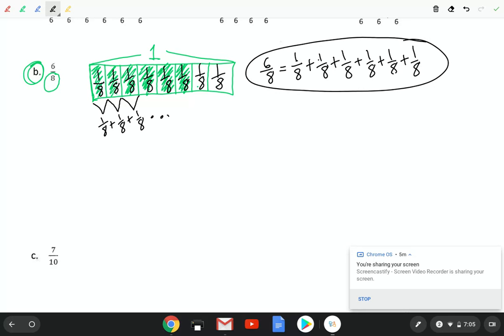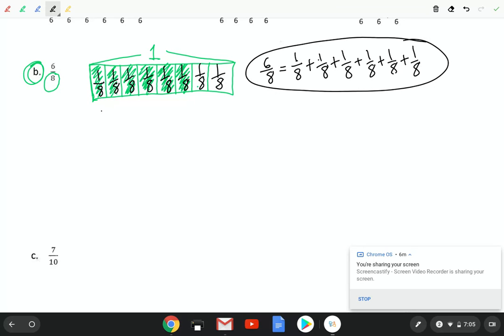Okay, so let me see if I can erase this right here, because now I can use the tape diagram if I need to. Some of you guys already have it in your mind. You have more than 3 ways that you can decompose 6/8. And bear with me. Thank you for being patient. But if you need to look at the tape diagram, you can use that.